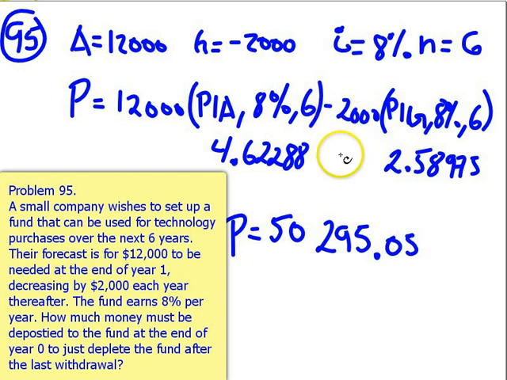Remember that the quantity here would be negative 2,000 times 2.58, and therefore it has to be subtracted. And that's problem 95.